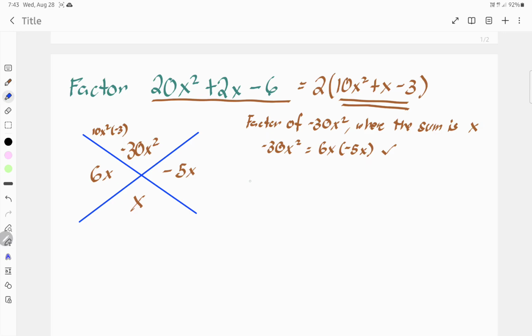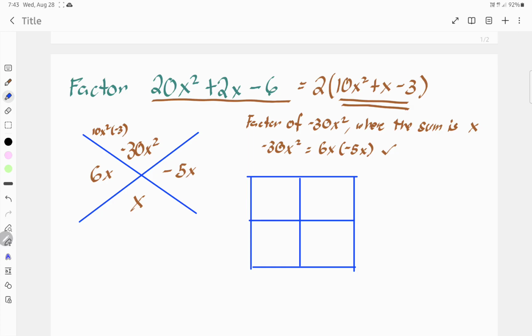Now, let's look at now our box. Once again, a 2 by 2. Okay. Now, working with that, we have now negative 30x squared, 10x squared because we're using this trinomial. And then we have now negative 3 here. So, putting now 6x and then negative 5x.